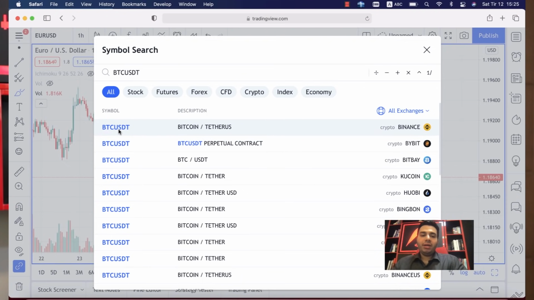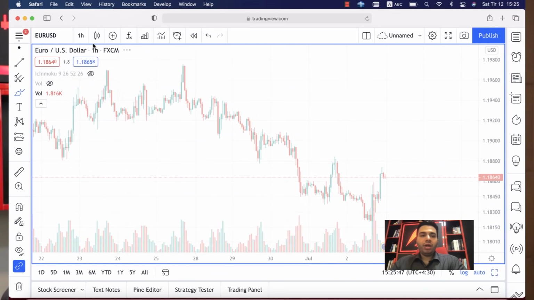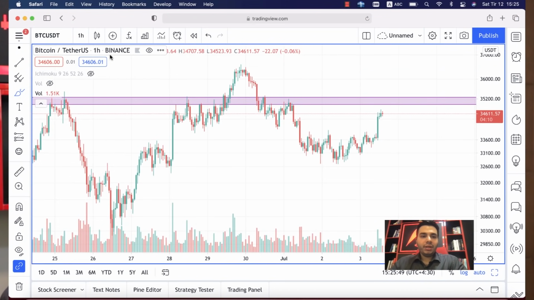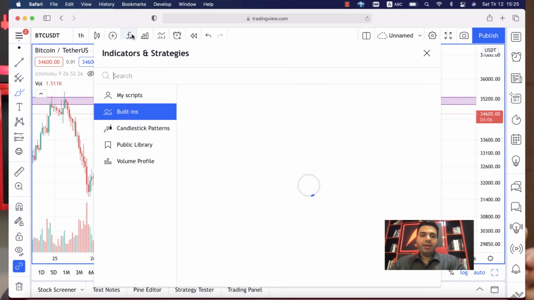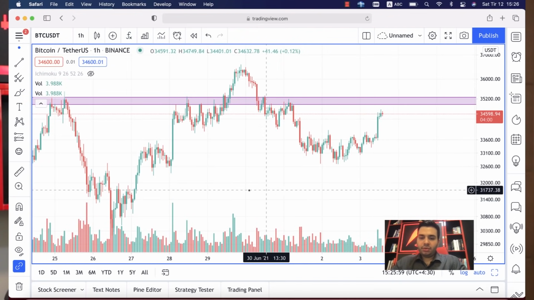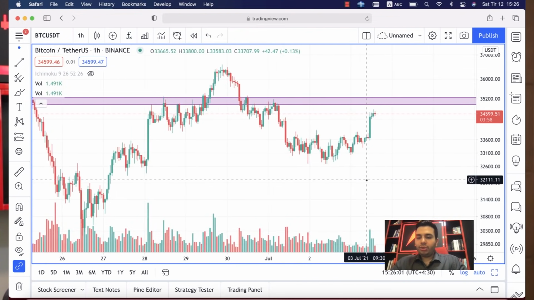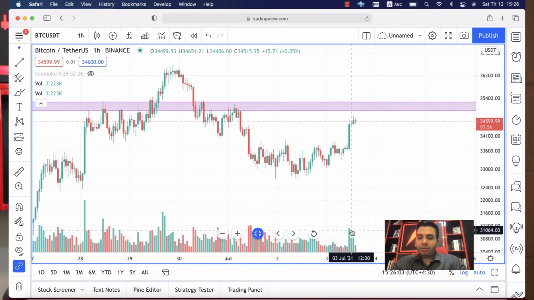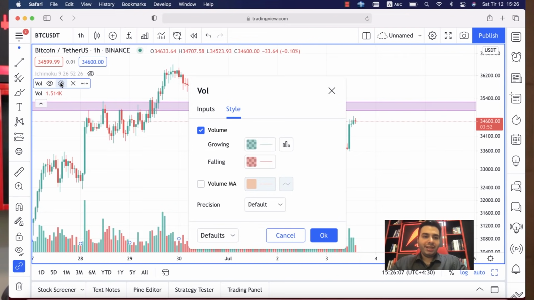We are going to take a look at the Bitcoin dollar chart on Binance exchange. Then we can search for the volume indicator here, and the volume indicator shows up here. I'm going to change the settings of volume by clicking on settings here.